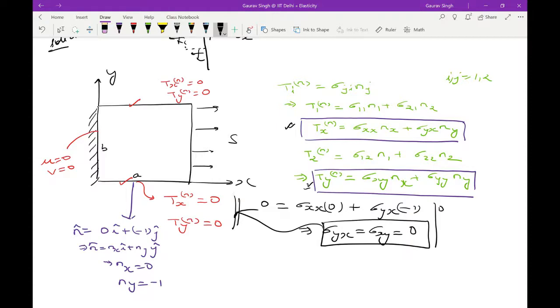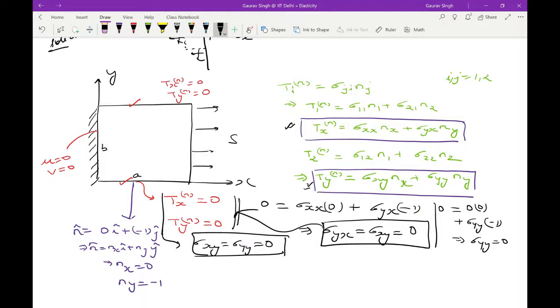Now let's take the other relation, which is this one. Ty of n is also equal to 0. That is equal to sigma xy, which we have shown to be 0, and nx was anyways 0. Then you have sigma yy times ny, which is minus 1, equal to 0. That implies that sigma yy is equal to 0. So you can say after this that sigma xy is equal to sigma yy is equal to 0 on this face.